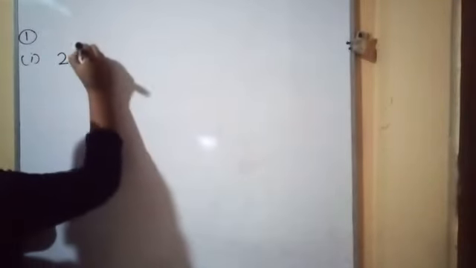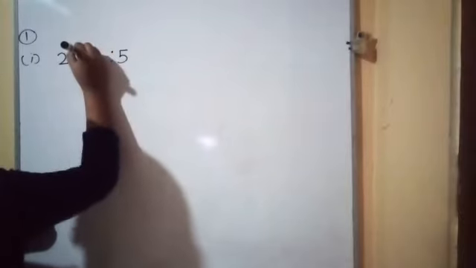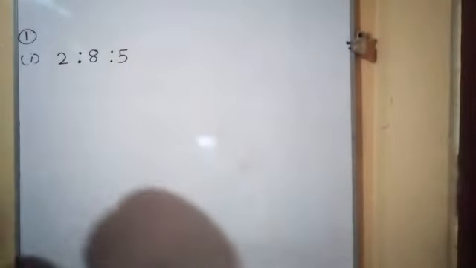The first sub question: 2:8:5. What is this? 2:8:5 is a ratio that has 3 continuing terms.